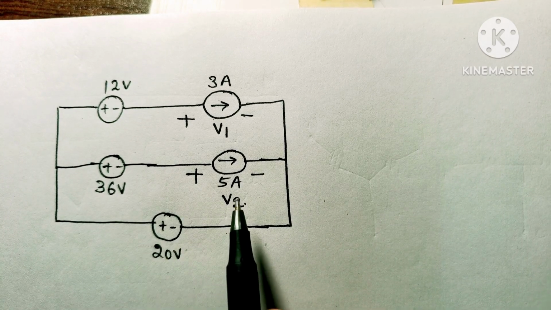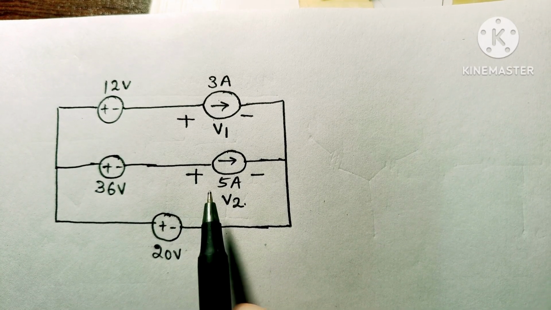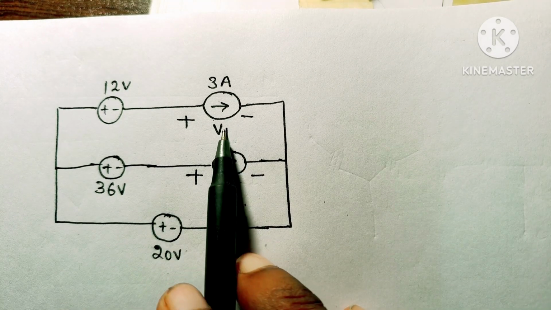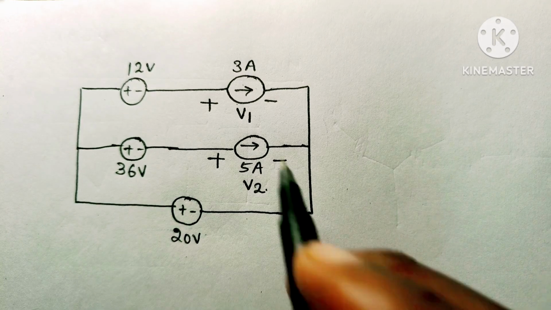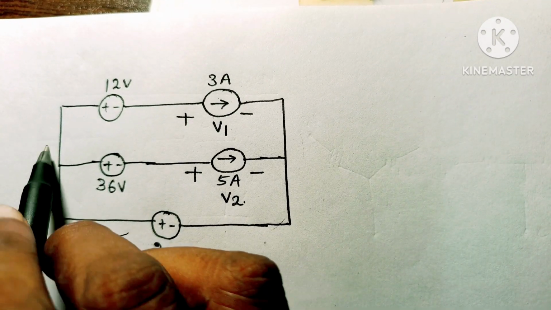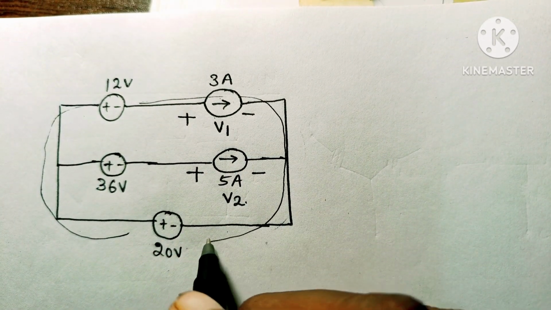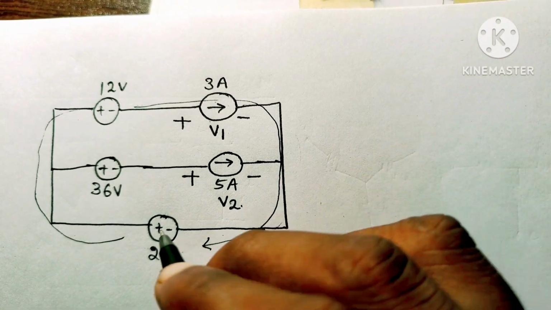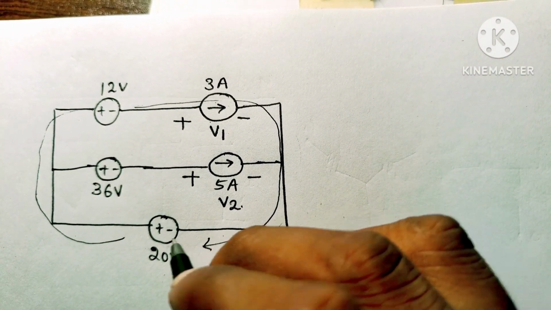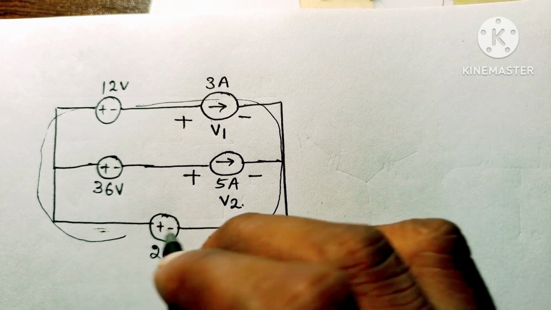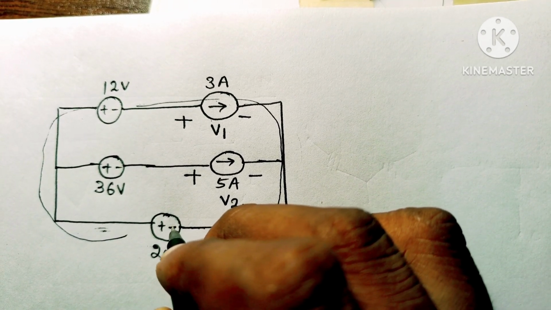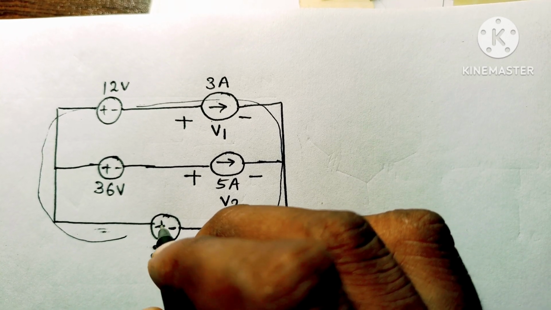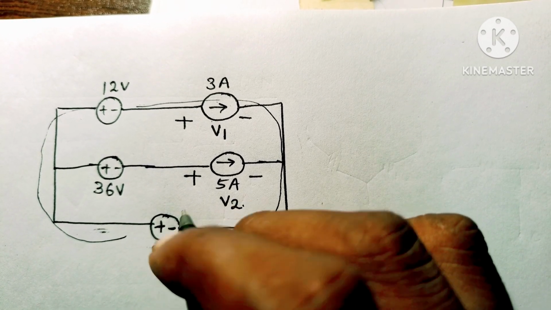This is the circuit given in the question, and let us see how to find the voltage across the 3 ampere source. Apply KVL in this outer loop. Suppose we are moving in this direction. If we see this source, the negative sign appears first and the positive sign appears after it.